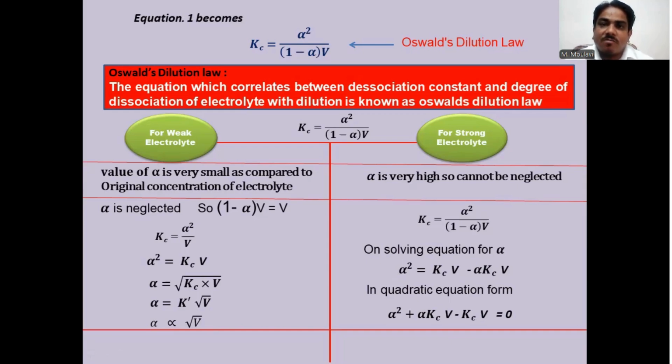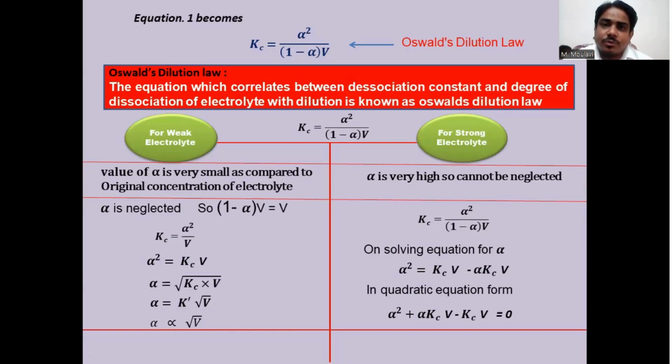So in quadratic form, it takes alpha square plus alpha KcV minus KcV is equal to 0.